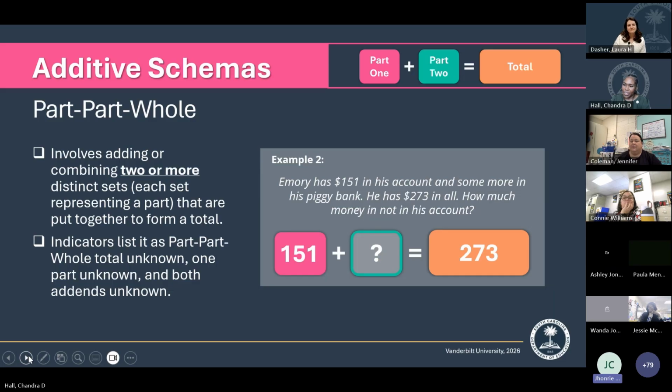One part unknown. Thank you. One part unknown. Okay. We don't know how much is in his piggy bank, which is why we have that question mark there. Now, in the lower grades, you'll use question marks, we'll use blanks, you can use squares. We start to use variables as we move into 3rd and 4th and 5th grade, of course.